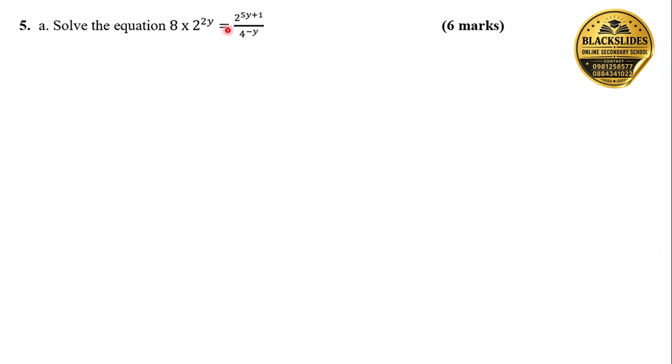So this makes use of what are called the laws of indices, and we need to apply them here. To start with, take note that 8 is the same as 2 to the power 3. The goal here is to write everything to the same base and then equate the powers.